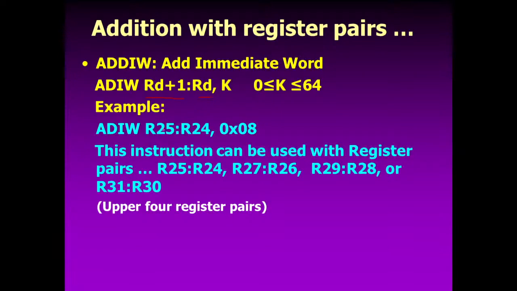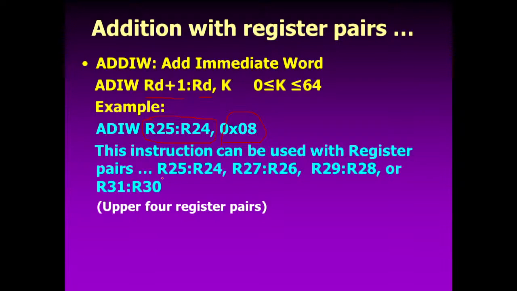That means if I write it this way, ADIW R25, R24, it will take these two registers as a pair. And all of you know that one register is an 8-bit register, so two registers means a 16-bit register. In that register pair, a value will be added. So it is basically using the register pair.